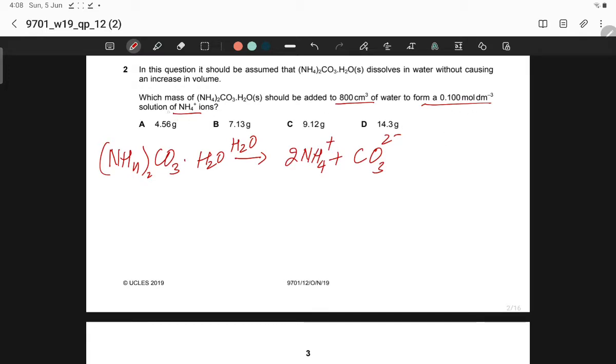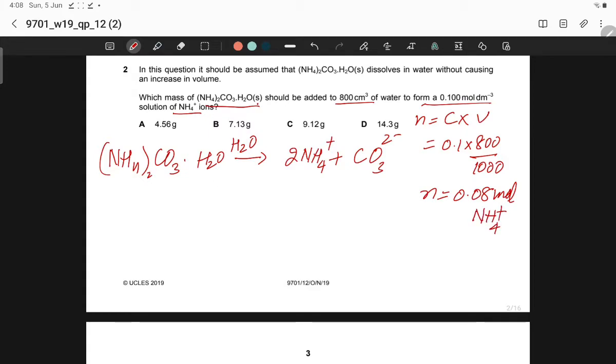Let's calculate the moles of hydrated. n is equal to concentration times volume, 0.1 times 800 divided by 1000. n is equal to 0.08 moles of ammonium ion.